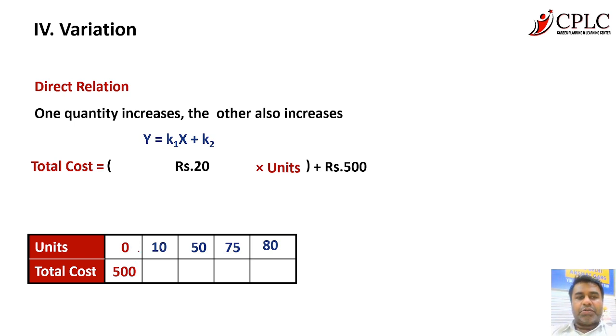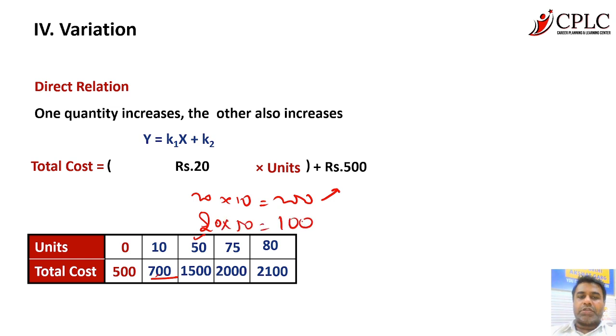But if the value turns from 0 to 10, then I will have to pay 20 into 10, which is 200, and 200 plus 500 will make it 700. Similarly, if I am going for 50 units, so 20 into 50 is 1000, and 1000 plus 500 will make it 1500. Correct? Similarly 2000 and similarly 2100.